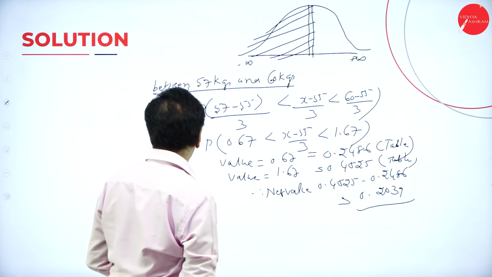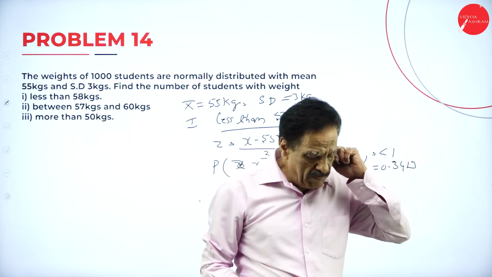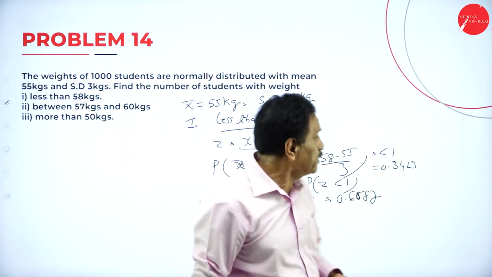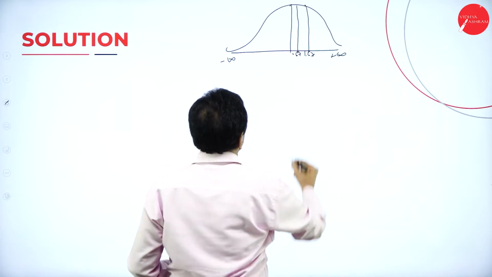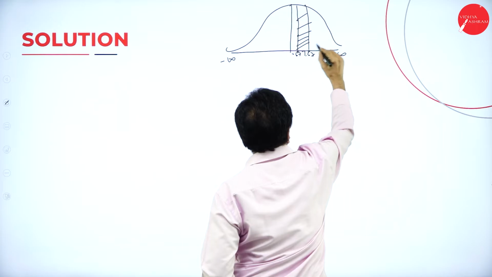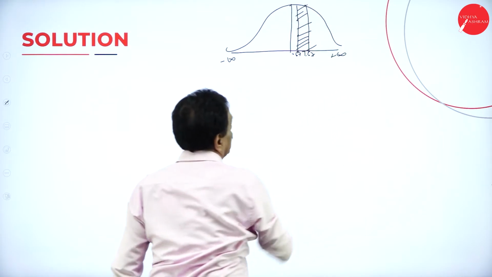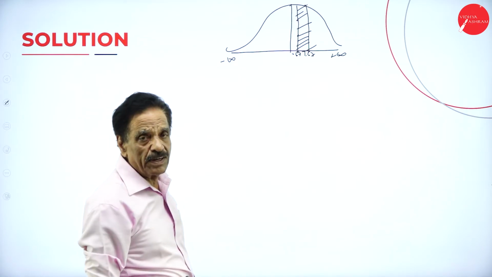See that, between 57 kgs and 60 kgs. You have to make the value like this: 0.67, 1.67. The value you already found out.